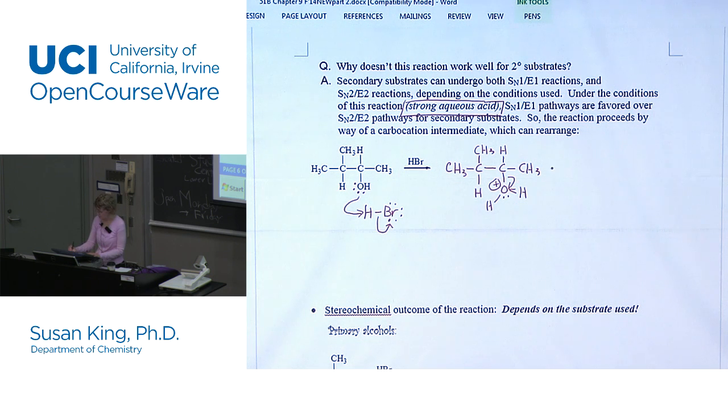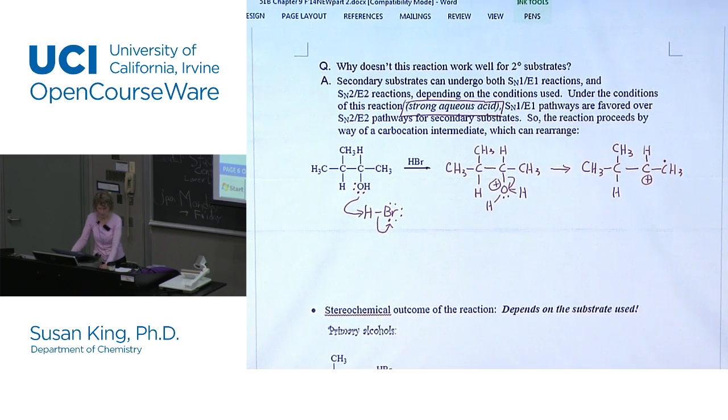All right, let's draw that carbocation. We've already seen that a couple of times, and you'll see it in discussion also this week. Okay, so secondary carbocation, bells should be going off in your head saying, okay, look for rearrangements.